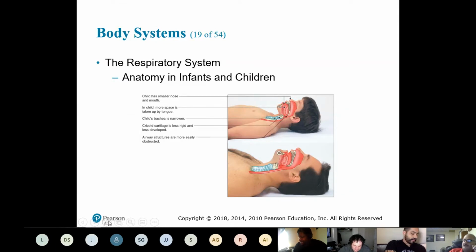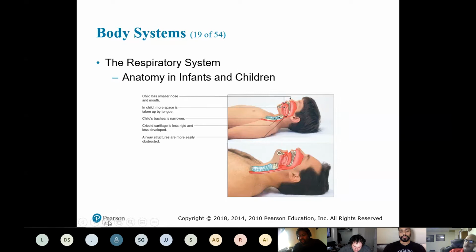So anyway, the trachea has rings around it and they're cartilage. So just like your nose is cartilage, just like your ears are cartilage, the trachea also has cartilage. And that's what allows the trachea to be firm because of that cricoid cartilage. Now with kids, that cartilage is less rigid, so it collapses easily. Where an adult's is firmer, it doesn't collapse as easily.